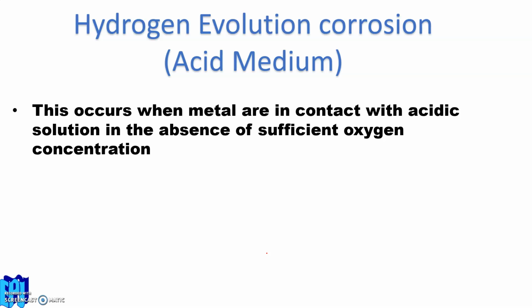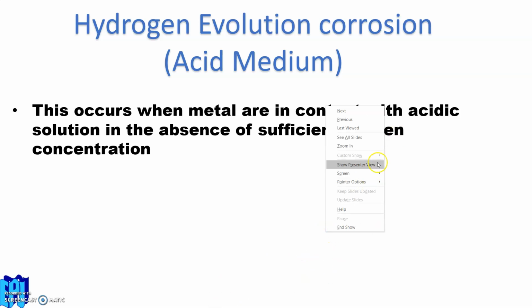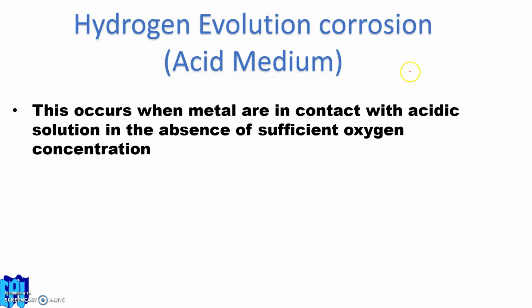This is the condition for hydrogen evolution corrosion in acid. Without doubt, the medium should be acid, which means the H+ concentration should be high. Second, the oxygen concentration should be low. The concentration of O2 in the water or the moisture should be low.